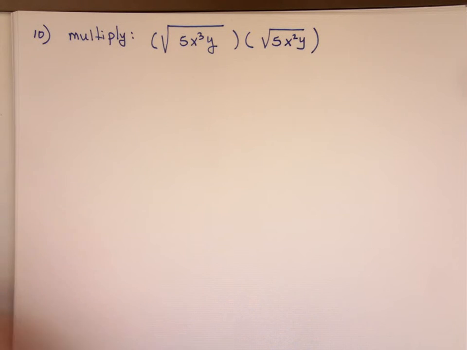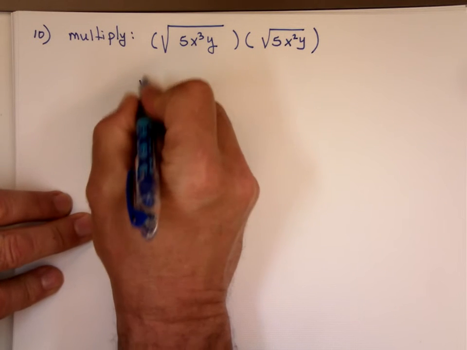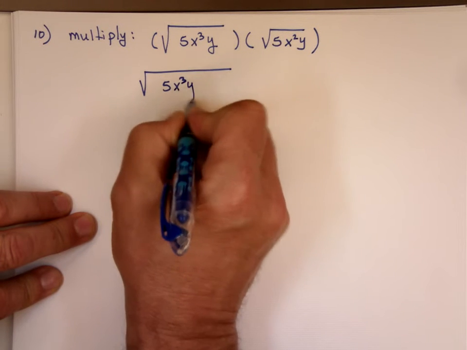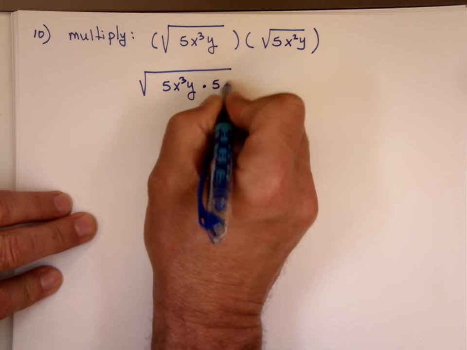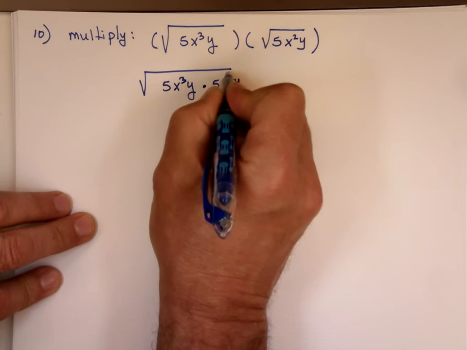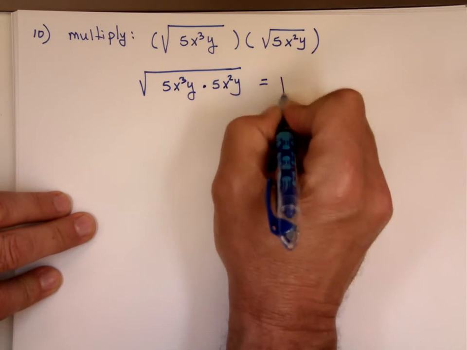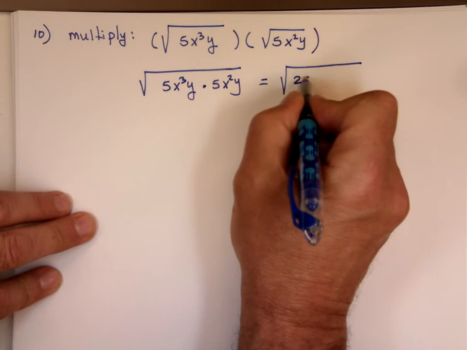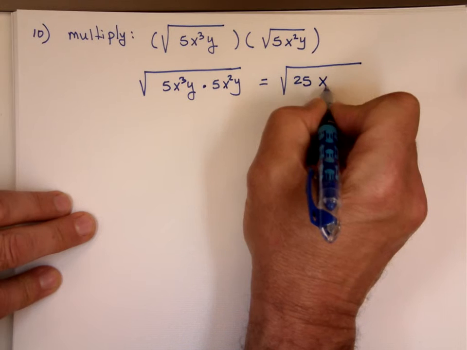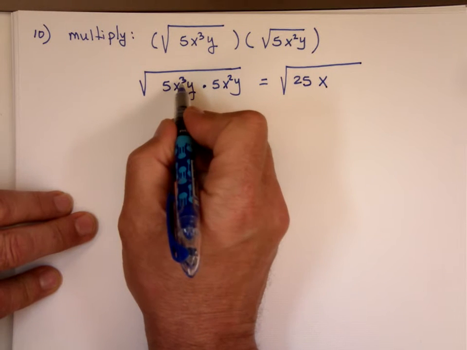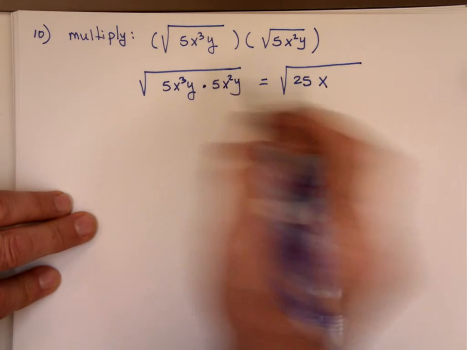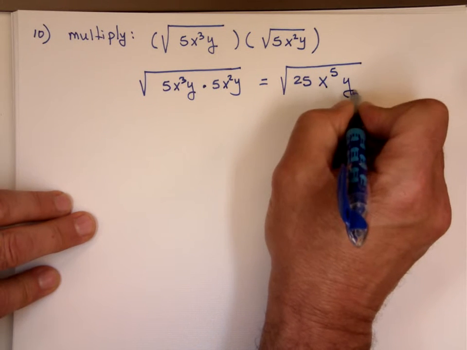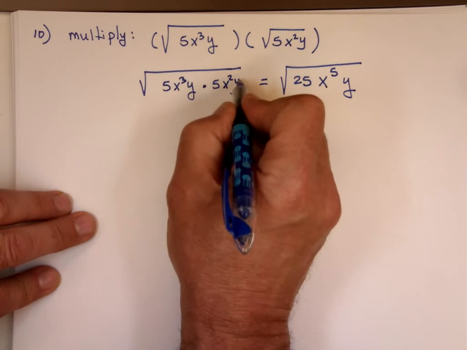Now you can make that one square root. In it, 5x to the third y times 5x squared y. And when you multiply these, you remember you multiply the numbers and you add the exponents. 5 times 5, 25. X to the power, add the exponents: 3 plus 2, 5. Y to what power? 1 plus 1, you add the exponents, which is 2.